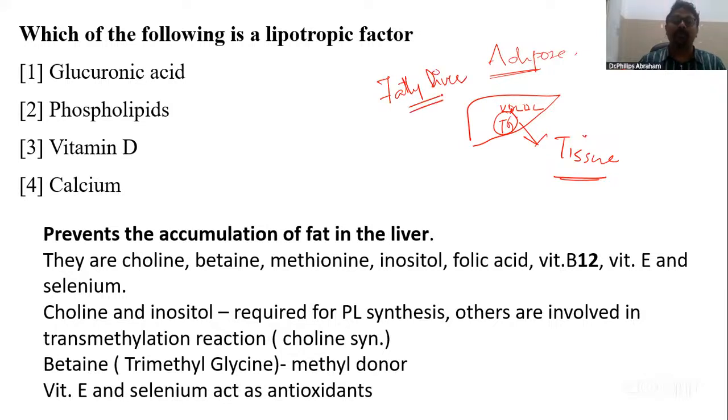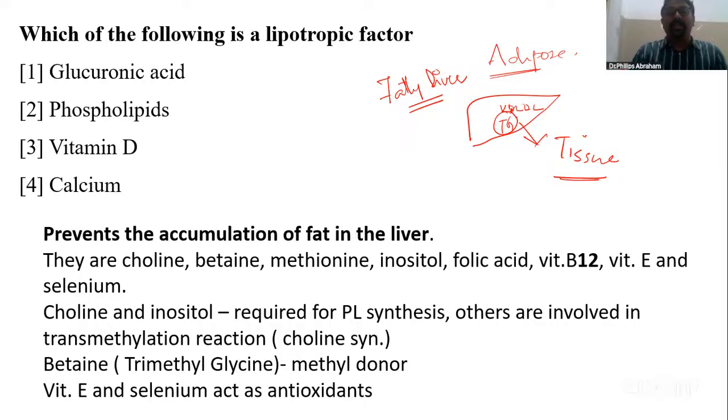So the point is, whenever there is an accumulation of fat in the liver, we call it fatty liver, and the factors that help in the transport of fat from the liver, that help with mobilization of fat from the liver, are called lipotropic factors. So fatty liver may occur if the lipotropic factors are not sufficient.